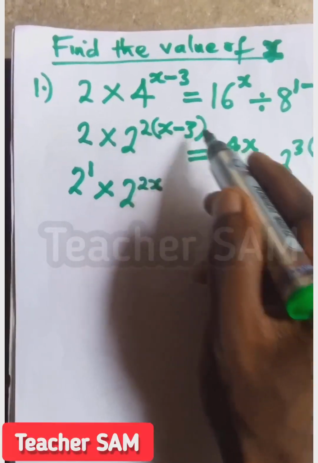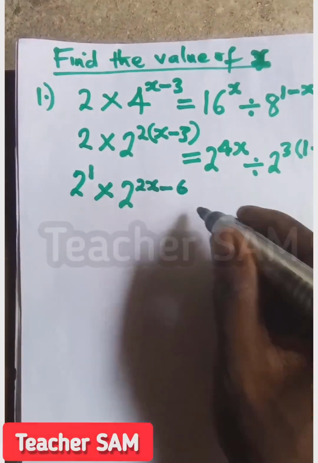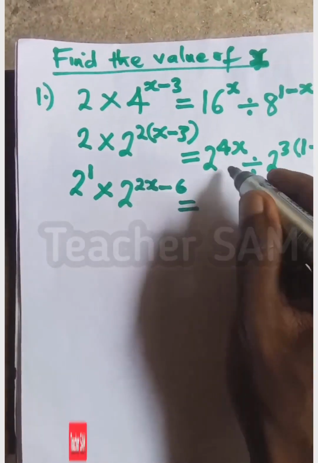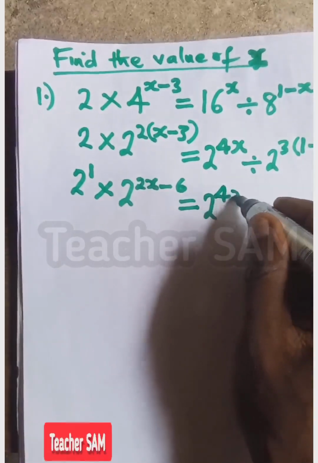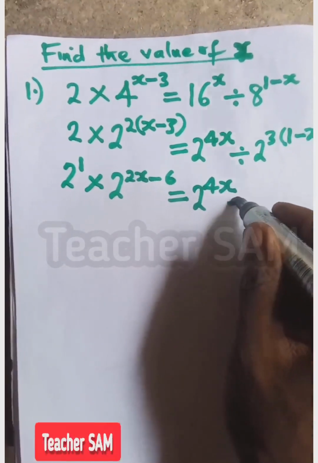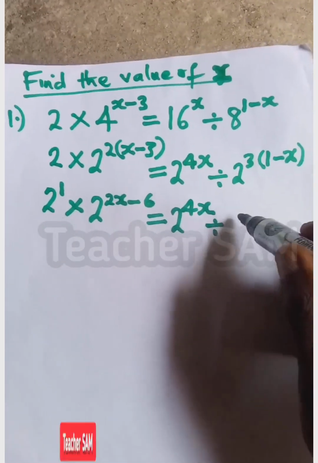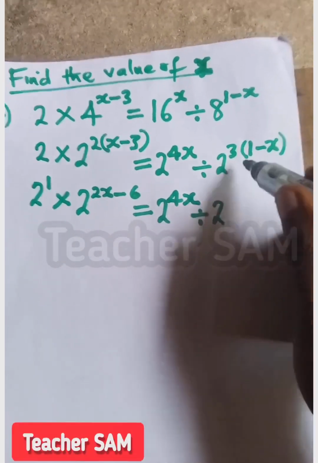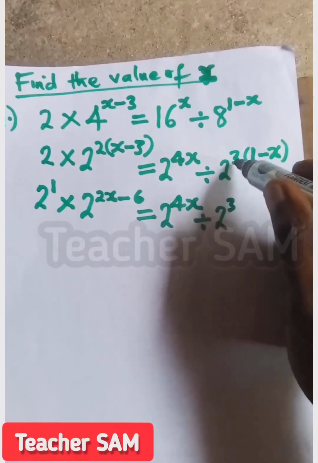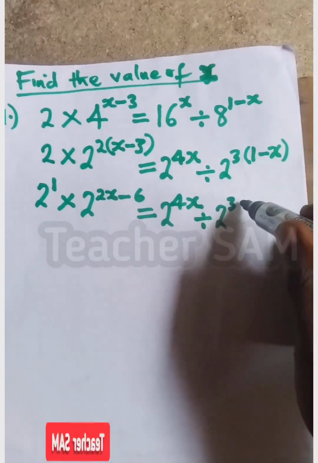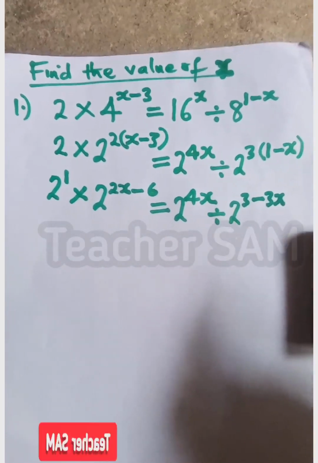So 2 times minus 3 is minus 6. Equals to, we already have 2 raised to the power 4x here. Now divide by, let's clear this bracket as well. That would be 2 raised to the power 3 times 1 is 3, and 3 times minus x, we have minus 3x.